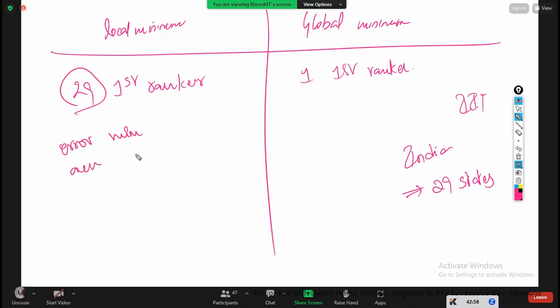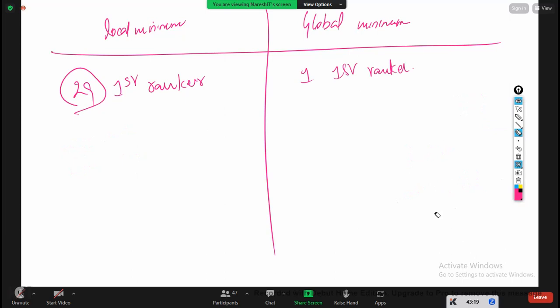Now like this, in Andhra Pradesh, one student has got 298 out of 300. In Telangana, one student has got 296 out of 300. What is the error of this student? 4. And in Tamil Nadu, one student has got 290 out of 300. What is the error of this one? 10.